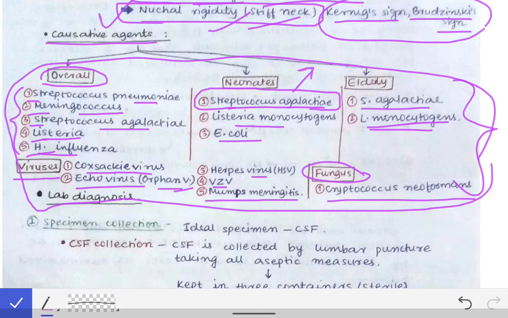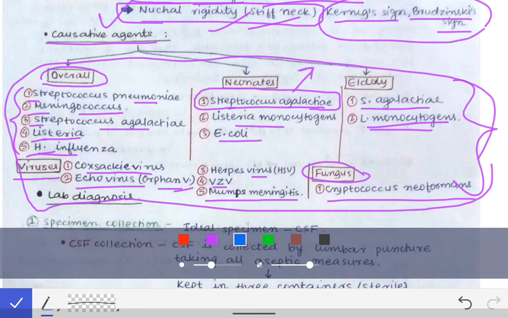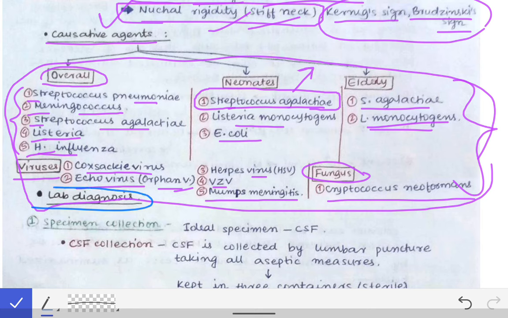Now coming to the lab diagnosis part, which is also a very important section of meningitis. In the lab diagnosis of any condition, first we have to collect the specimen. Now we know that in case of meningitis, the infection is in the meninges, which are the covering layers of the brain parenchyma.